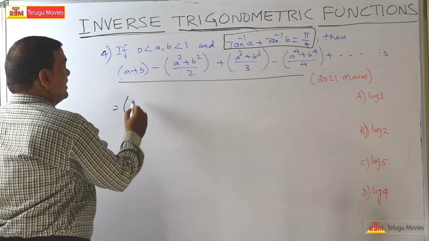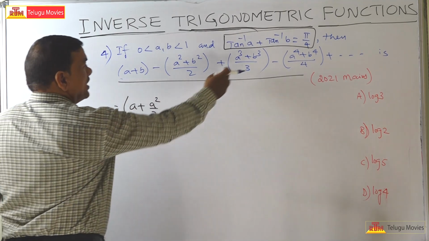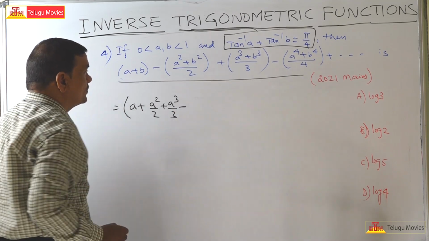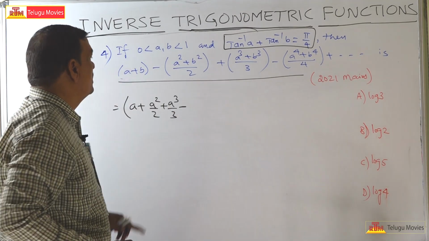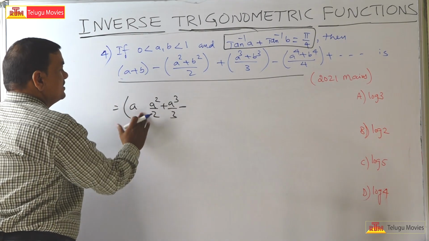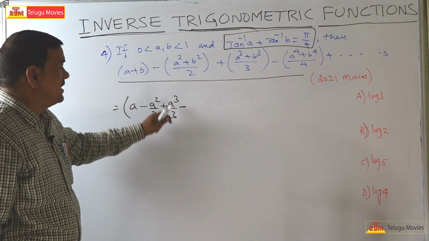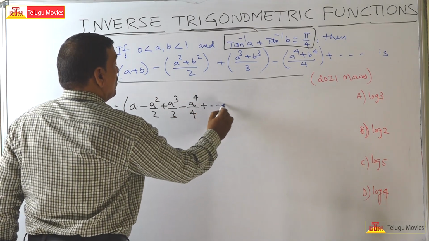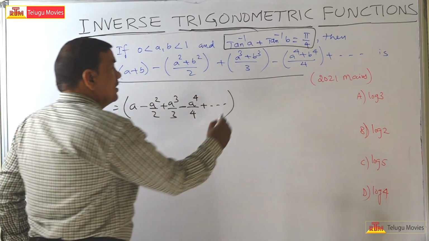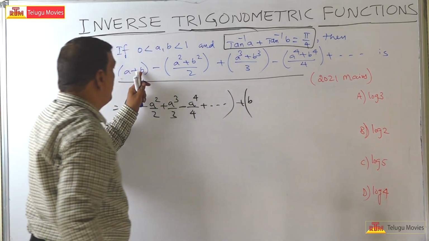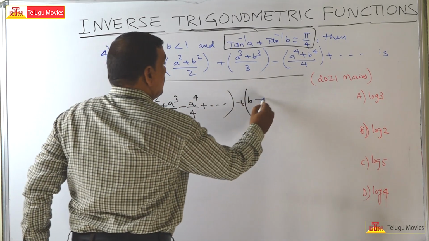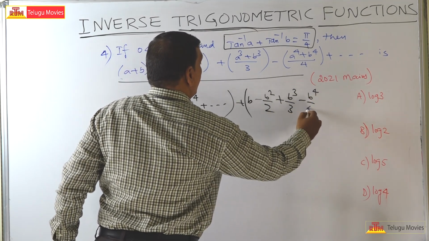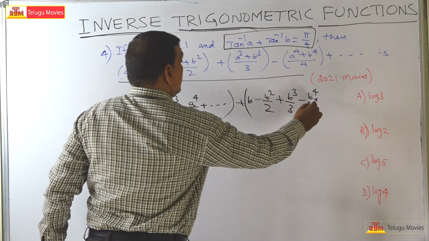So the a terms are a minus a square by 2 plus a cube by 3 minus a power 4 by 4, and so on to infinity. Then the b terms are b minus b square by 2 plus b cube by 3 minus b power 4 by 4, and so on.